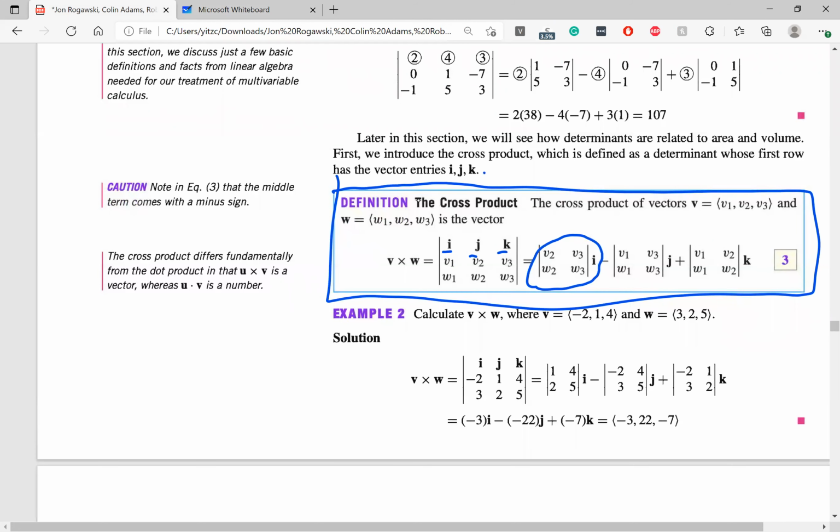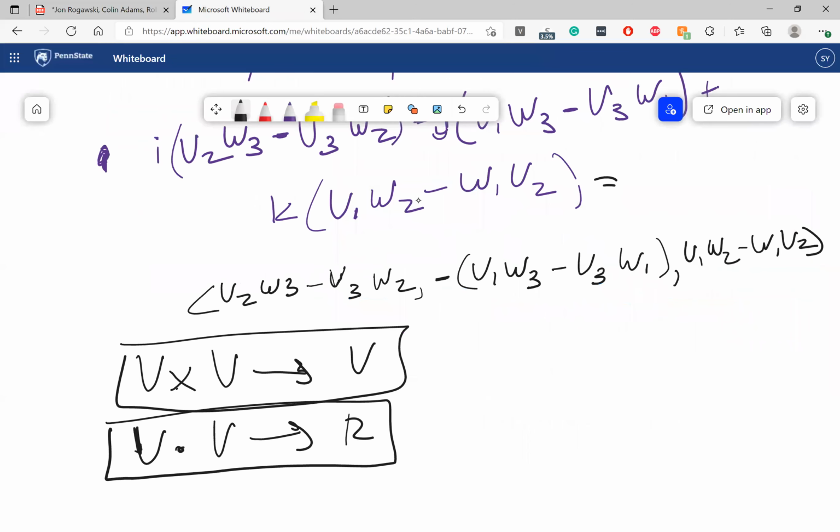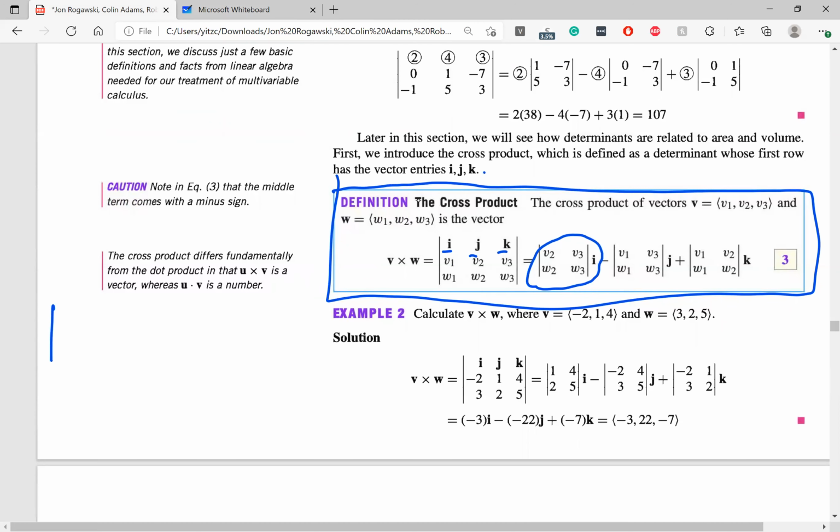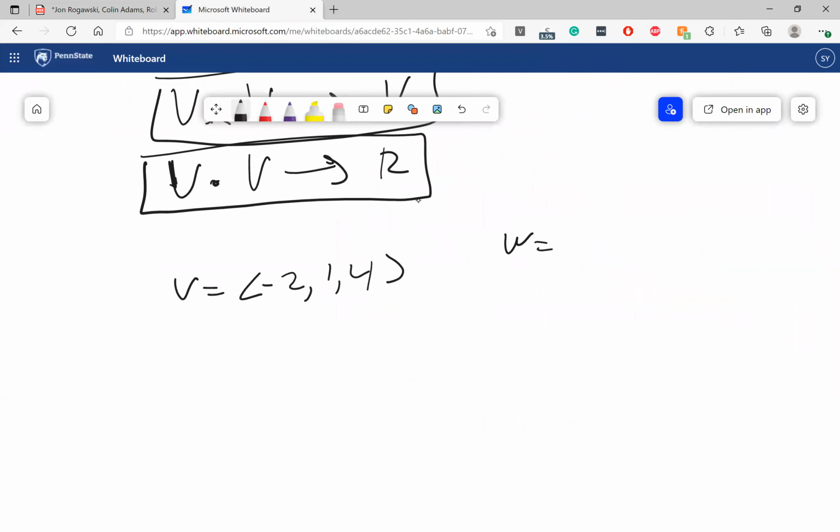V is equal to negative 2, 1, and 4. W is equal to 3, 2, and 5.